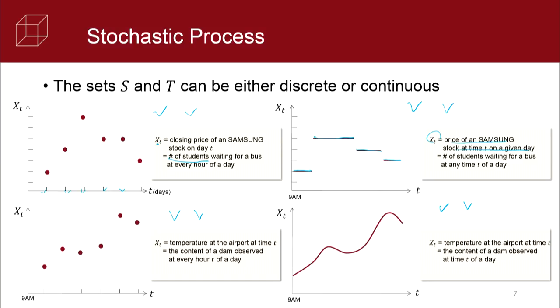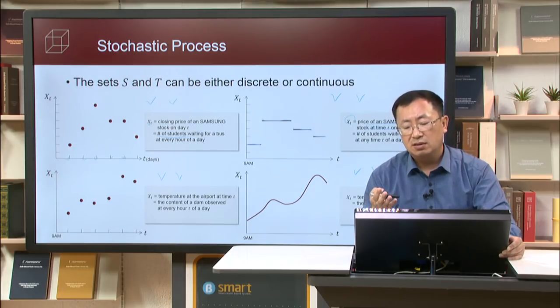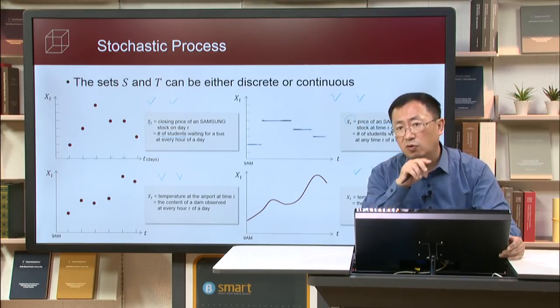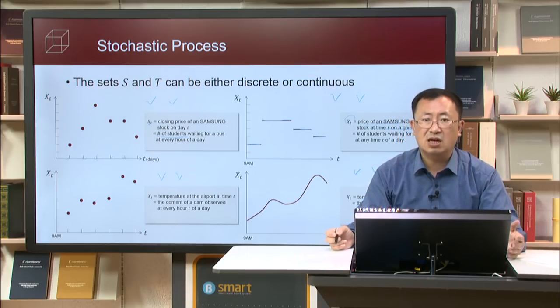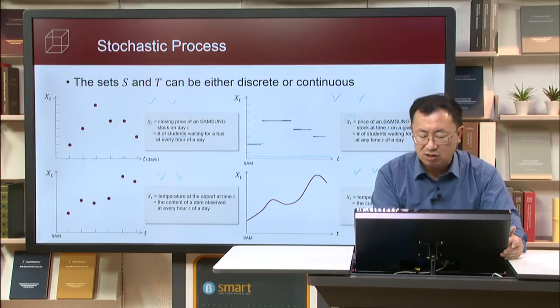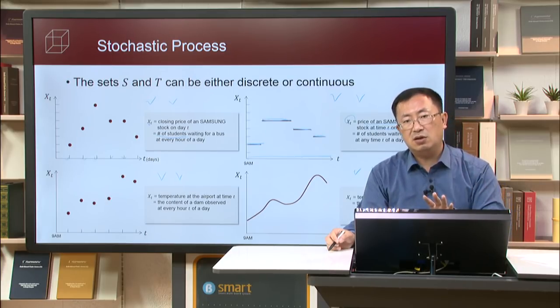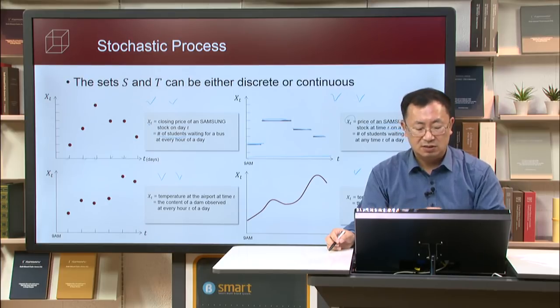So you keep measuring the number of students over time, continuously monitoring it. The number of students itself is discrete, but you measure it over time, so the time space is continuous. So the state space is discrete while the time space is continuous.